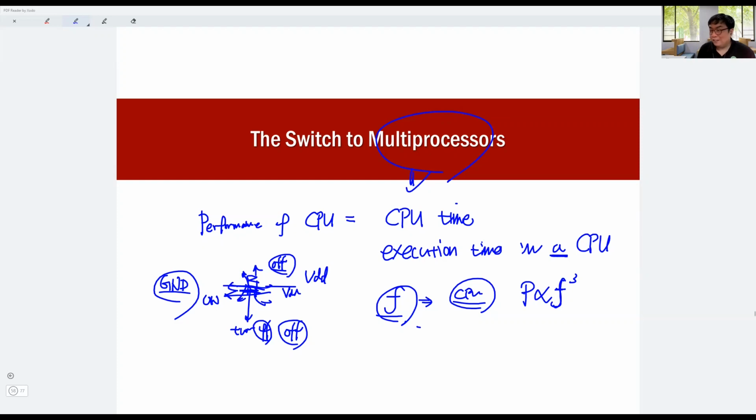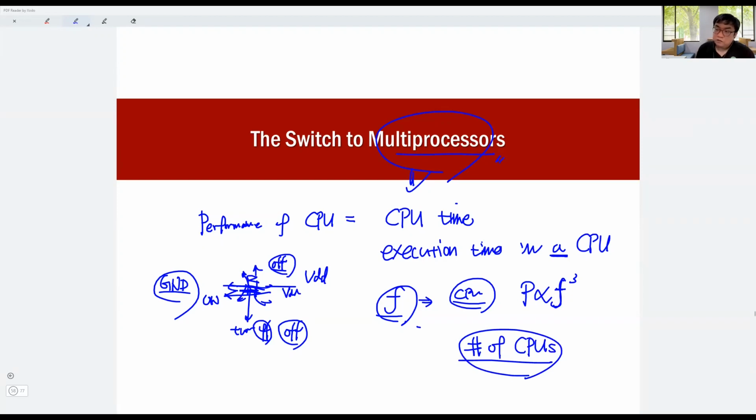And how can we increase the performance? Another way to increase the performance of a CPU is to increase the number of CPUs. So this is called the multiprocessors.